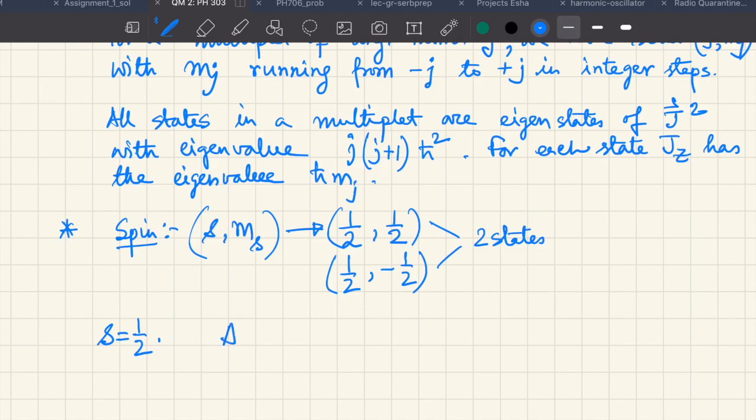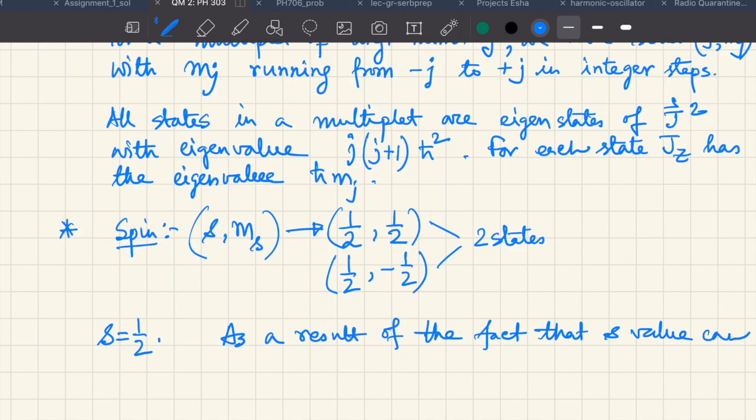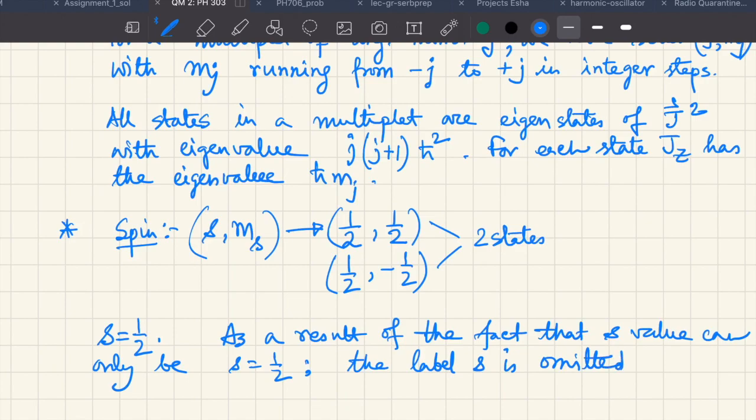As a result of the fact that the s value can only be plus half, the label s is omitted and one usually notes only the ms value.